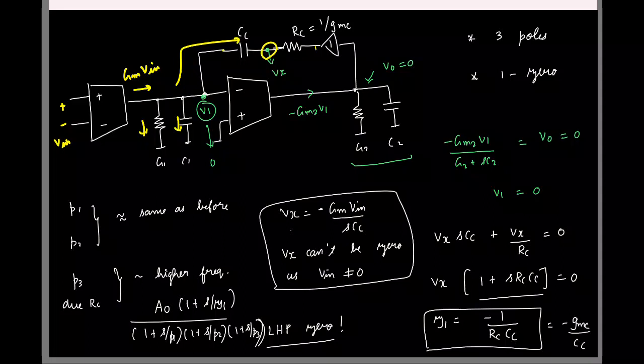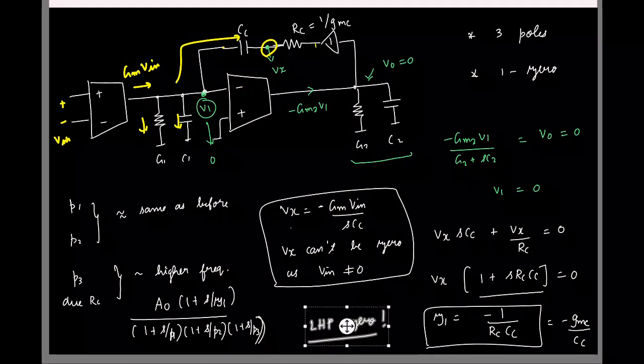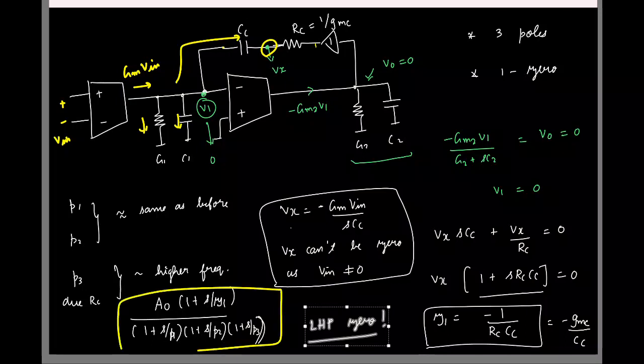So where can you place this 0 now? It will appear at LHP, but if your GM is now under your control, this is the transfer function you have. So where would you try to position the 0 to get a better performance? We can basically use it to cancel P2 or P3, isn't it?